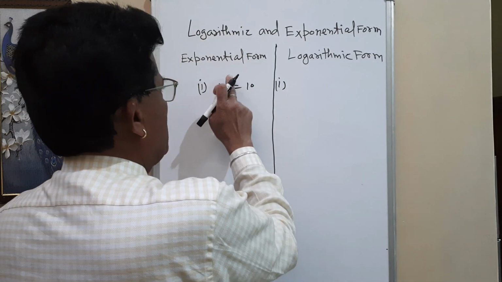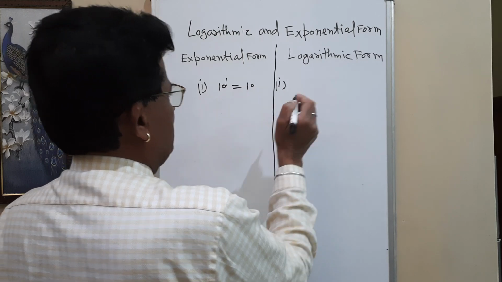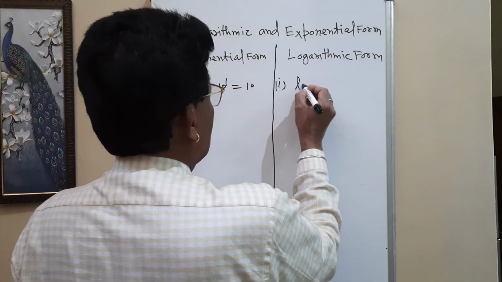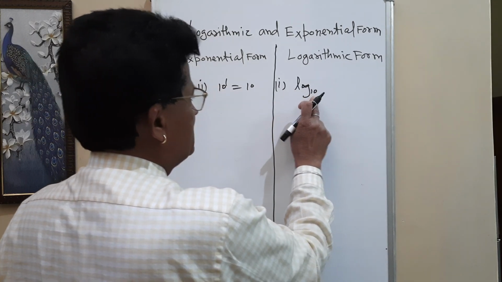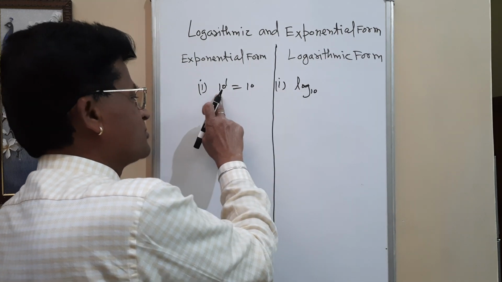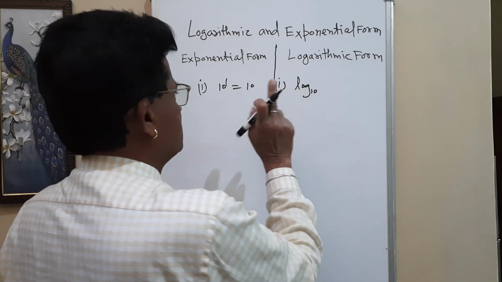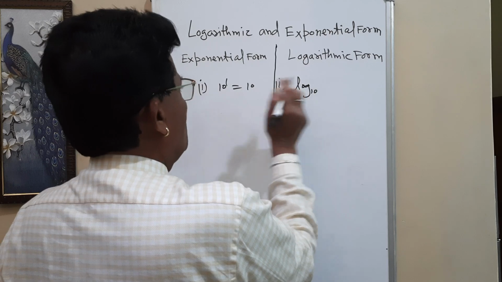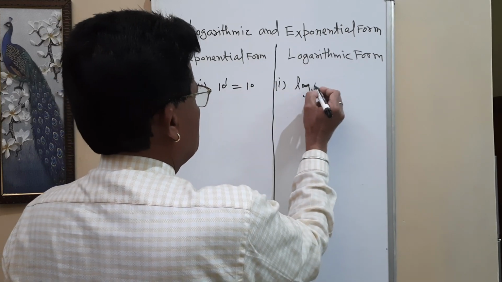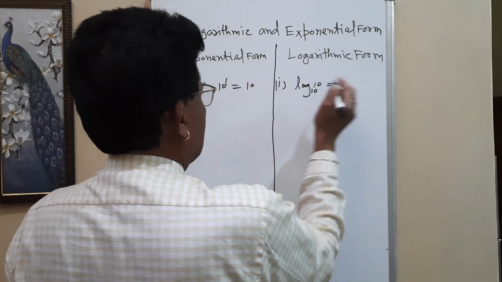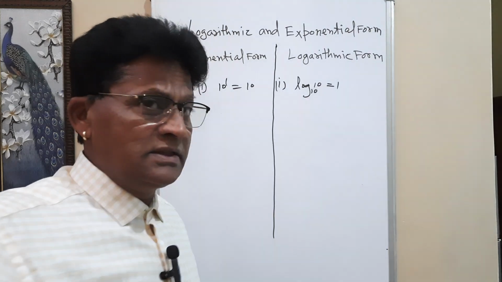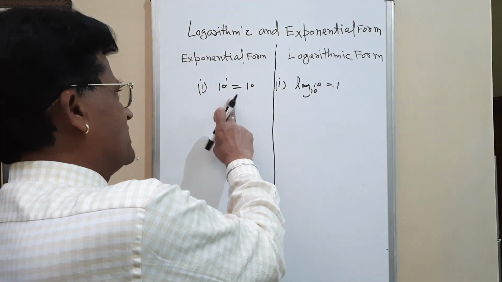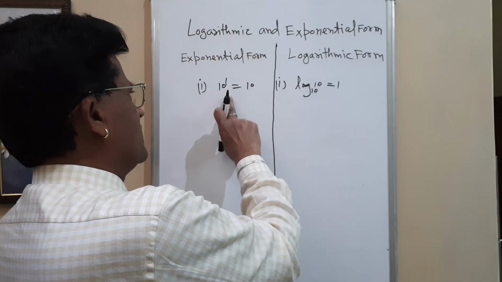Base 10, power is 1 and it is equal to 10. The base of exponential form as well as log form is the same. Log of 10 is equal to the power 1. It is very easy to write exponential form into log form and log form into exponential form.